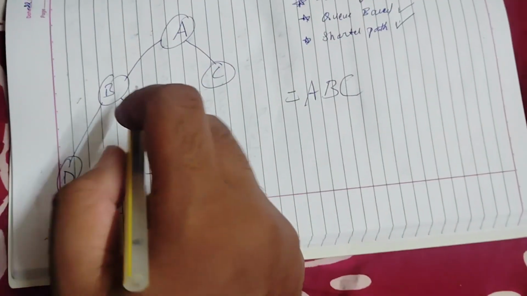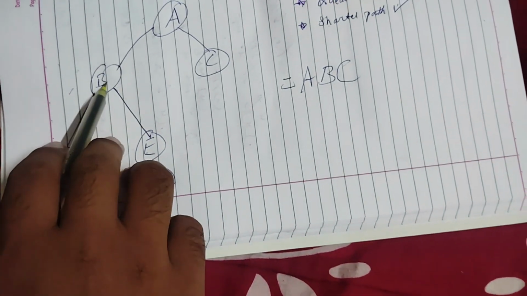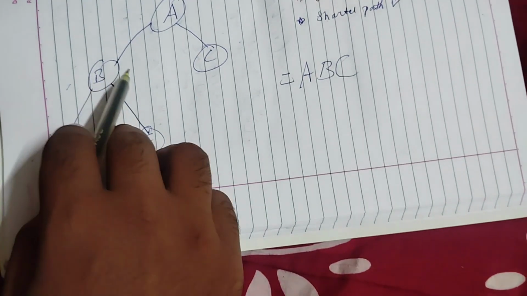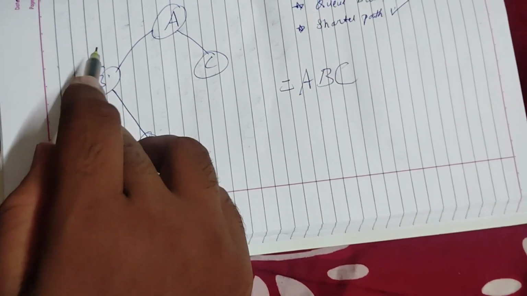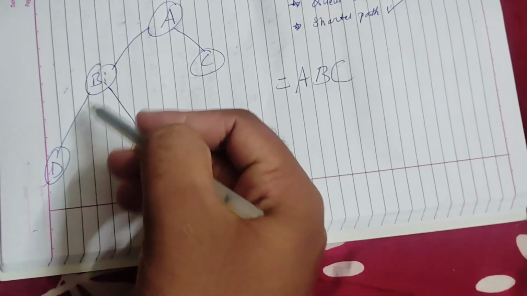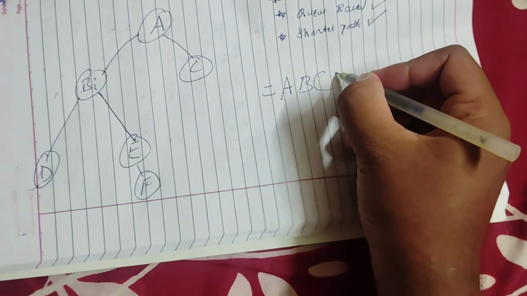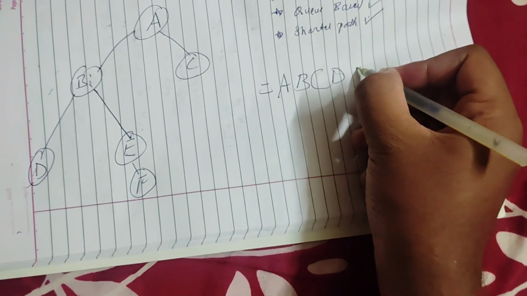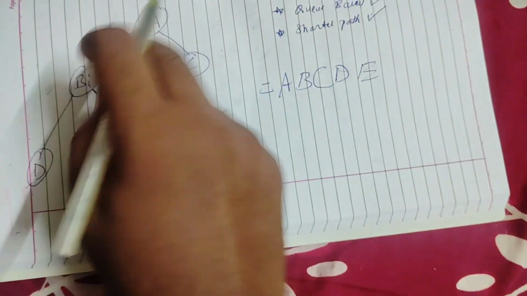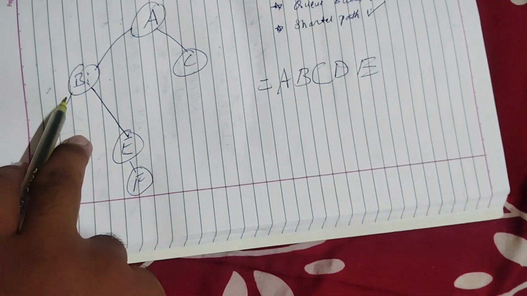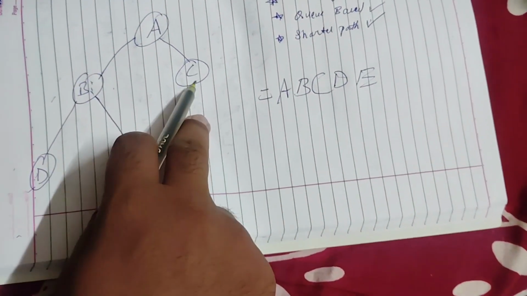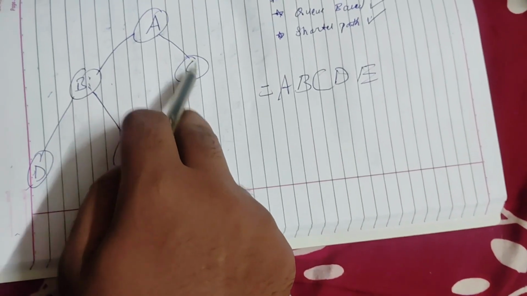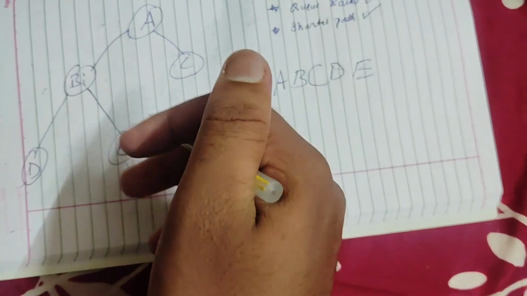In level 3, first it checks that level 2 is completely done. In level 3 first it takes B. B has D and E. After completing this, it goes to C and checks whether C has any level 3.